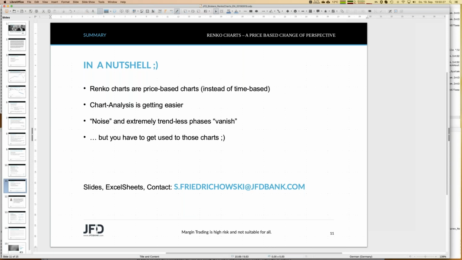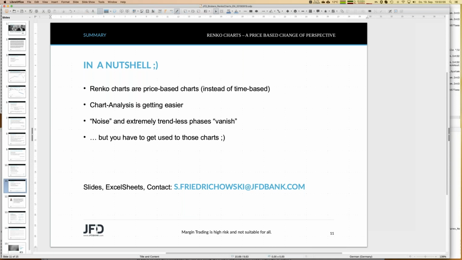But I have to admit, you have to get used to those charts. I repeat myself. I know that everybody is doing the same when it comes first to Renko charts, trying to find the corresponding highs and lows in the normal chart and the Renko chart. That's a bad idea. Just concentrate on the chart itself and do your analysis.